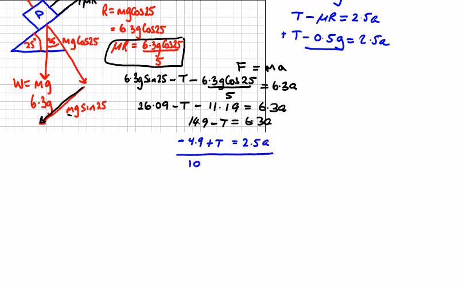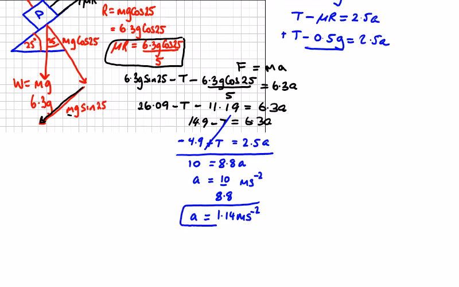So we'll get 10 equals 8.8a. So the acceleration will be 10 over 8.8 meters per second squared. And to 2 decimals, that's 1.14 m/s squared for the acceleration in question 5a.